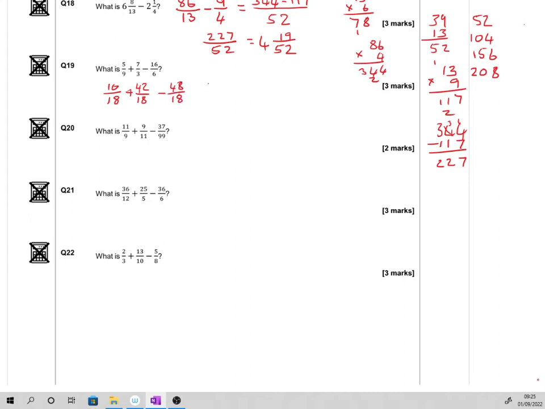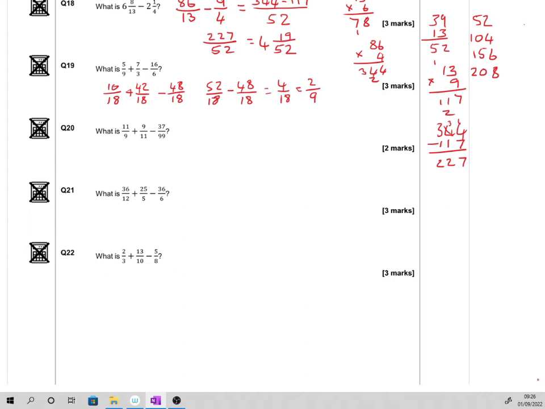Okay, so I've got 52 over 18 minus 48 over 18, which is 4 over 18, which is 2 over 9.